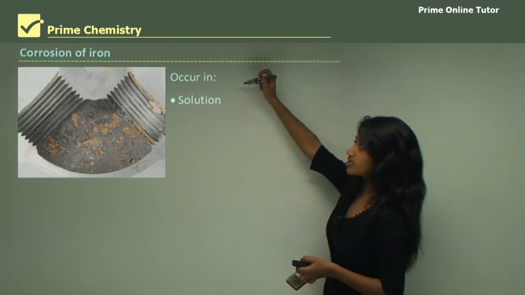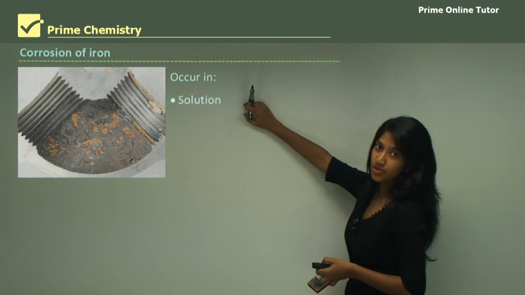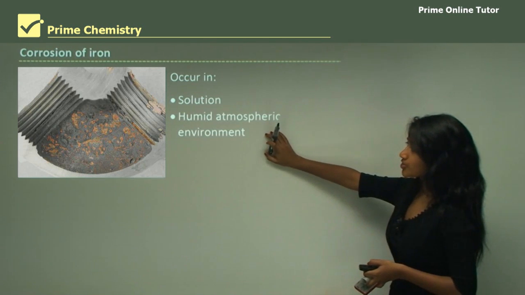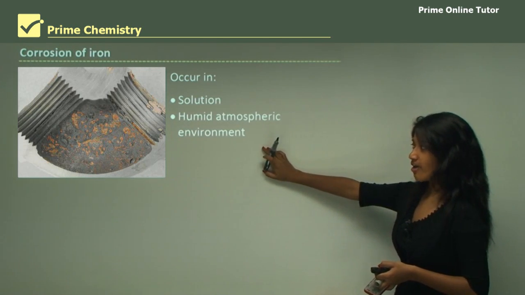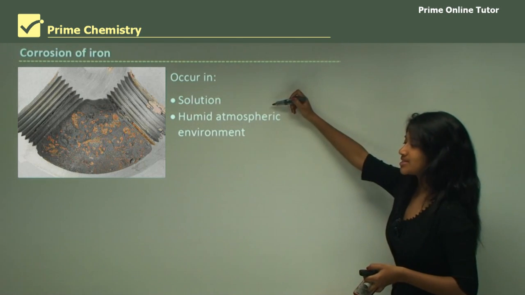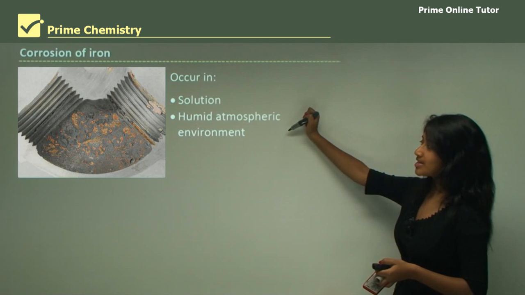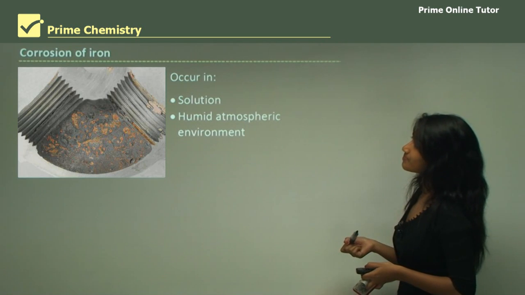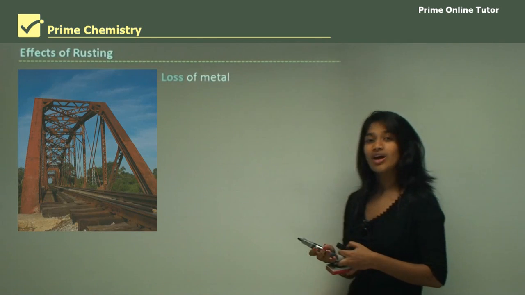So this corrosion of iron occurs in solution or in a humid atmospheric environment, because water is needed for the rusting of iron.